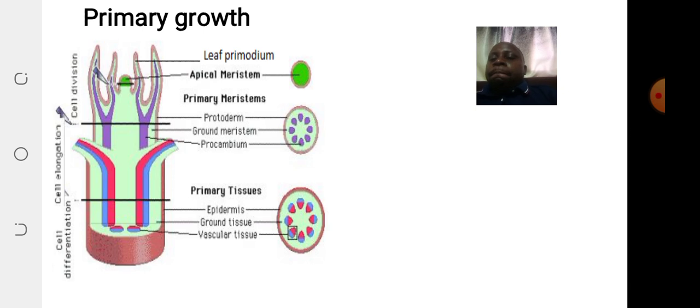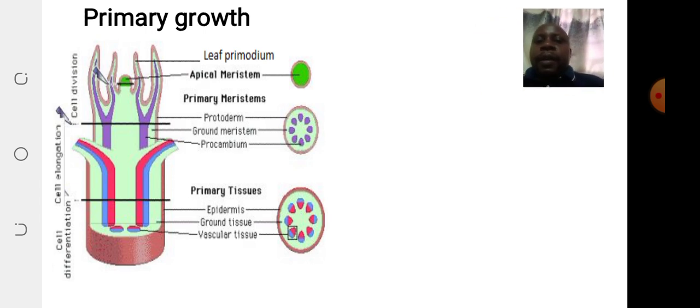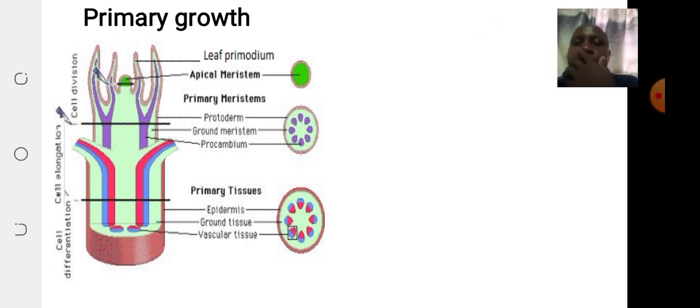So I've said we have three main zones. We have the zone of cell division, where cells divide by mitosis, or we can say they divide mitotically. Also, we have the zone of cell elongation, where cells elongate to maximum size.